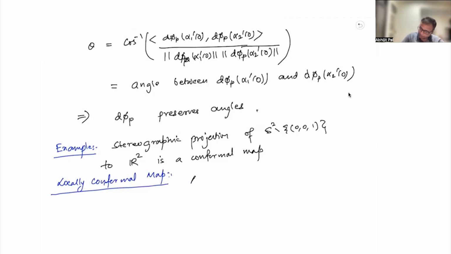Let phi from S to S tilde be a map, where S and S tilde are regular surfaces in R3.